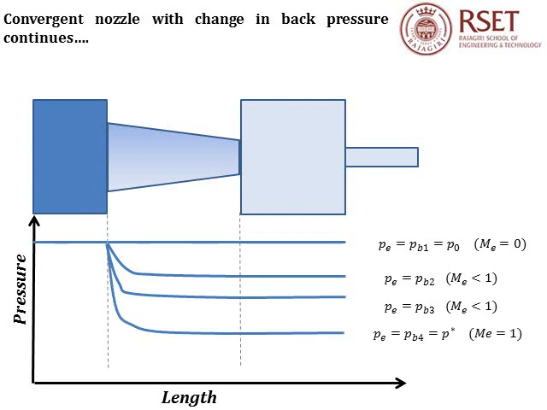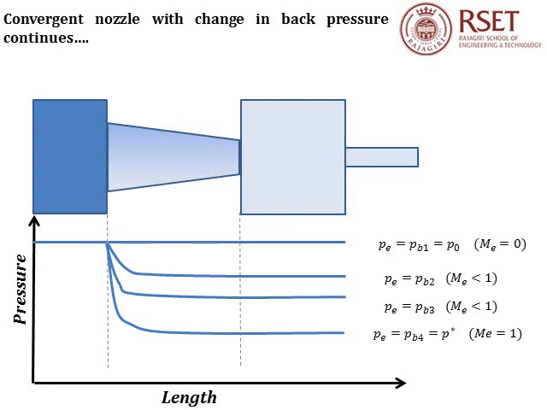As we continue to reduce the back pressure, the flow continues to accelerate and we reach a condition when Mach number at the exit plane becomes unity. At this point, the exit pressure PE becomes equal to P star, that is the critical pressure corresponding to Mach number equal to 1.